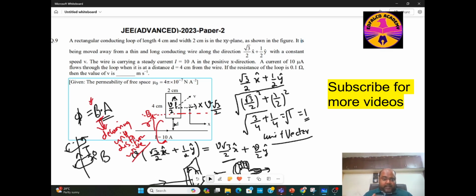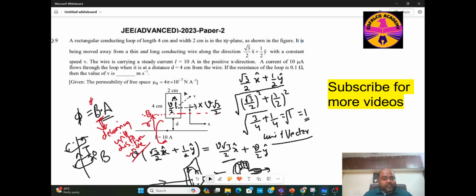When that distance d is 4 centimeter from the bigger wire, the induced current in this circuit is 10 microampere.